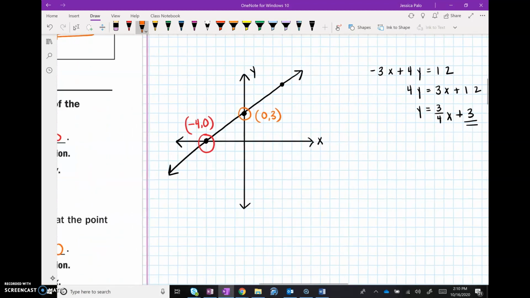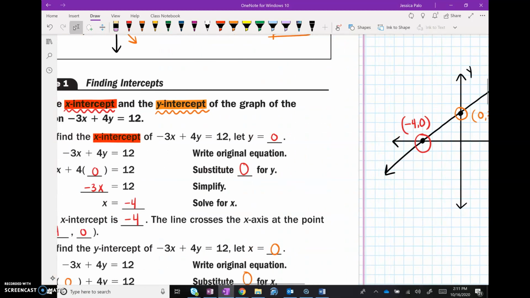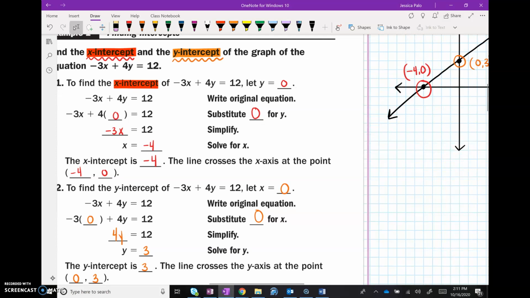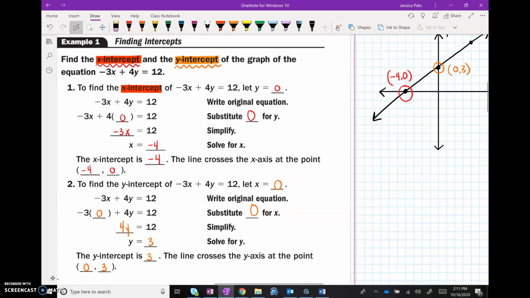So these two coordinates, our x-intercept and our y-intercept, are what we just found over here using math. So we are correct. Now we're going to go over how we can use our intercepts to graph the equation instead of graphing in slope-intercept form.